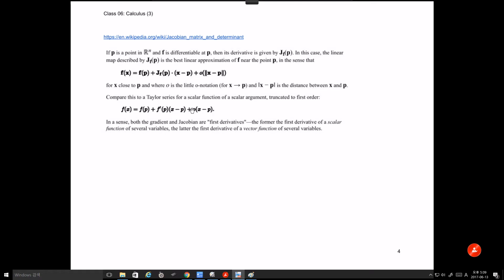So this is the error. In a sense, both gradient and Jacobian are first derivatives. The former, the gradient, is the first derivative of a scalar function of several variables. The latter, the Jacobian, is the first derivative of a vector function of several variables. Now you can understand the step-by-step generalization.